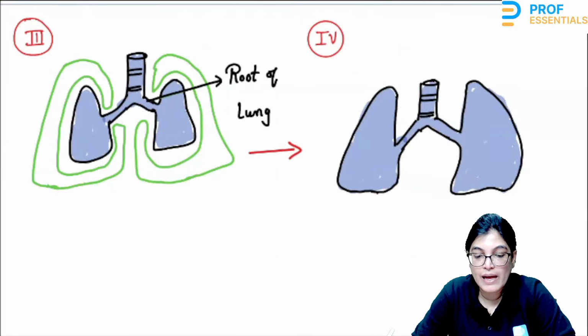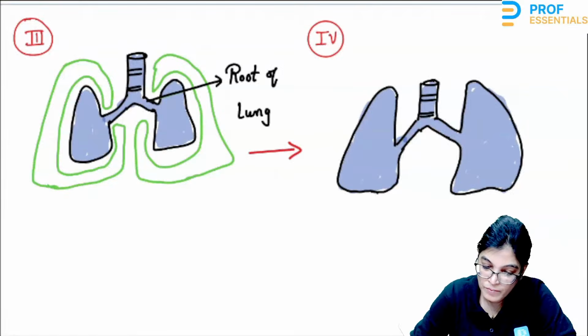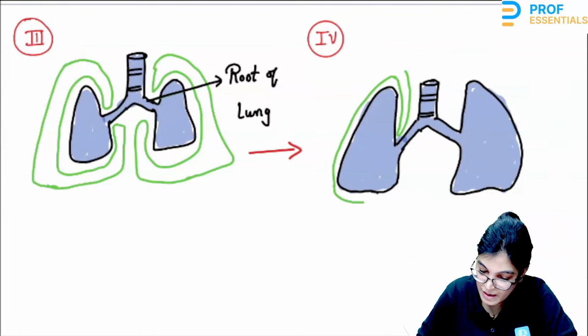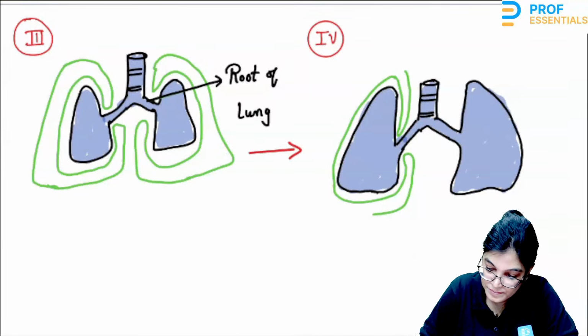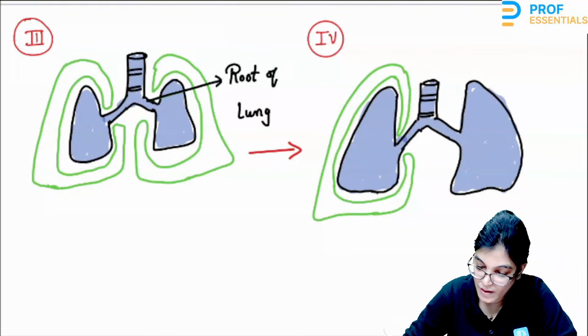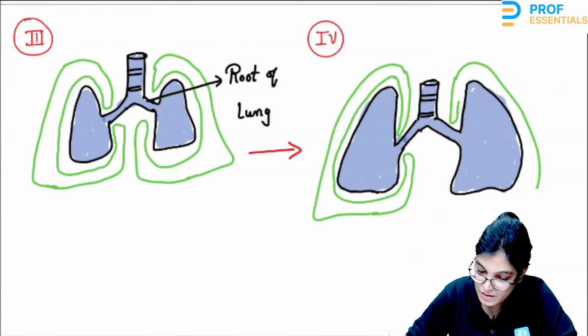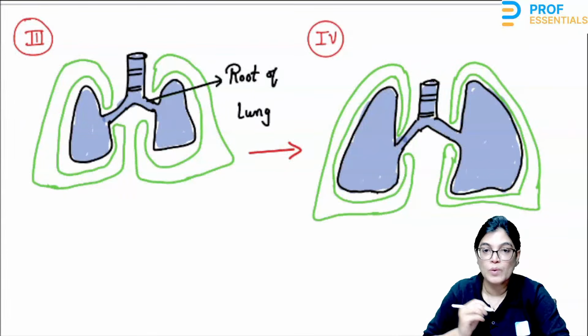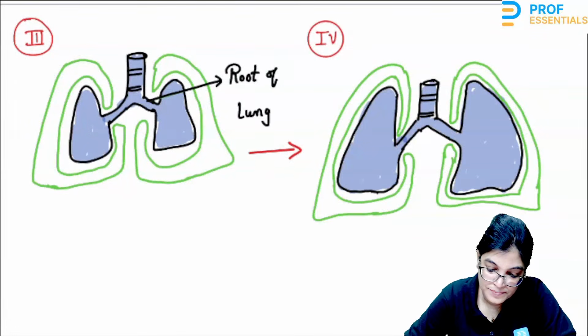So now we will have a two-layered serous membrane, and for better understanding, I will use two colors so that you can differentiate between the two. One is closely adherent and the other is the outer one.